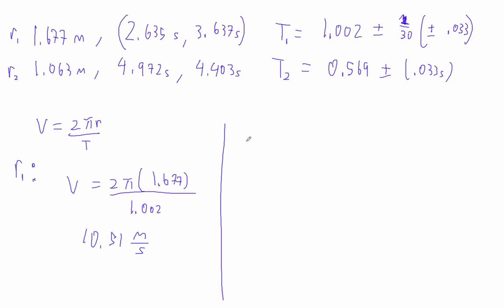All right, now let's do the other one. Same thing. v is 2 times pi times 1.063 divided by 0.569, and I get 11.74.